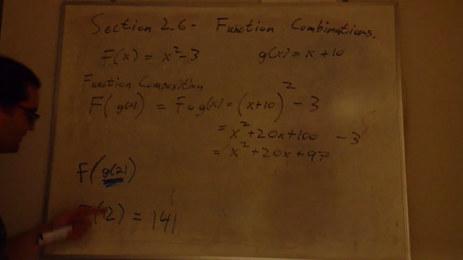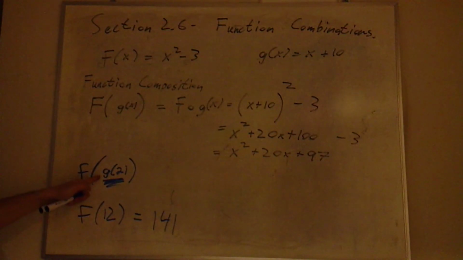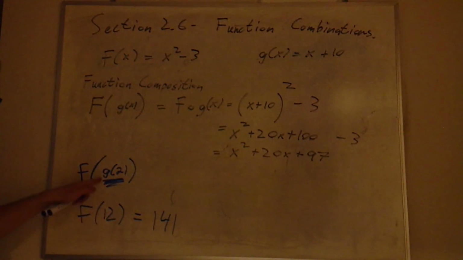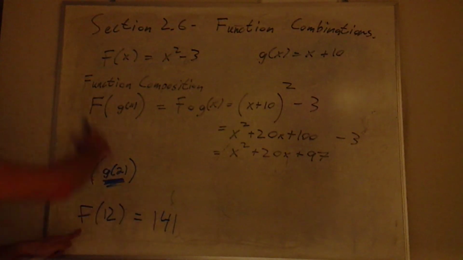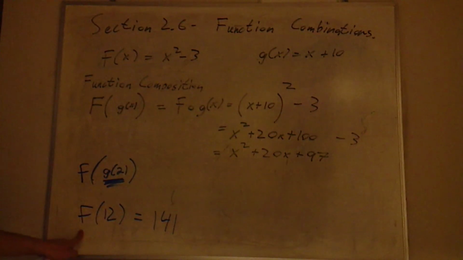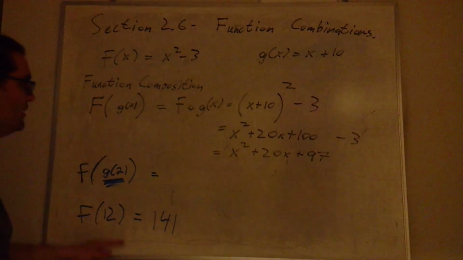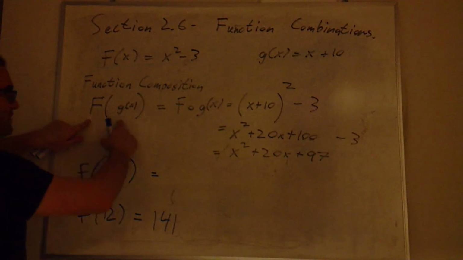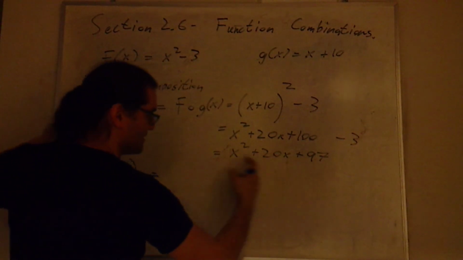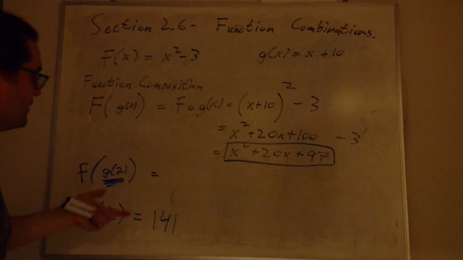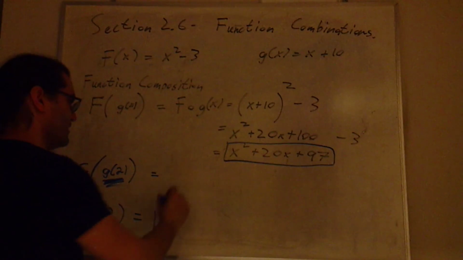This is sort of like the two-step process. First you find what the inside piece equals, and then you plug that value from g of x into the function for f of x. That's one way to do this. The other way to do this is, we already know what f of g of x is. It's this. So we should be able to just plug 2 into this and see what happens.